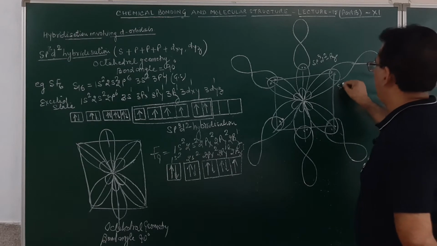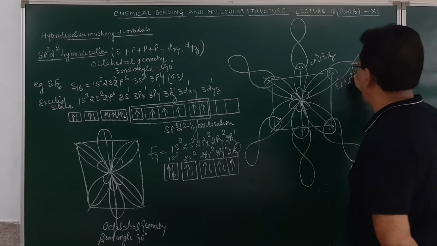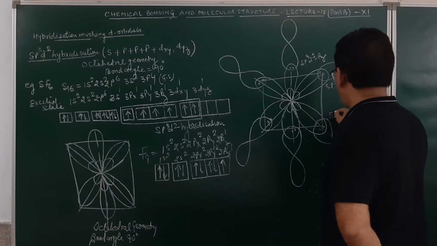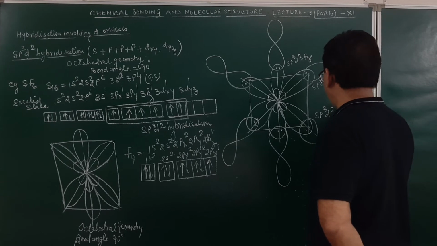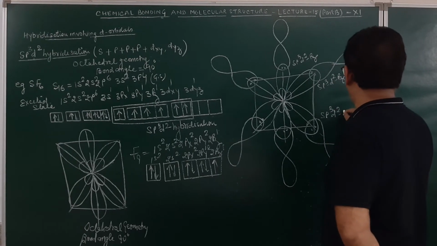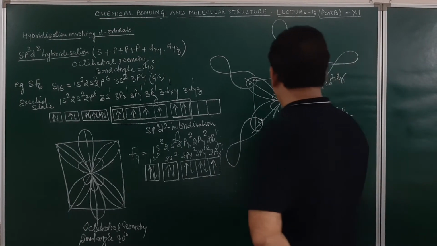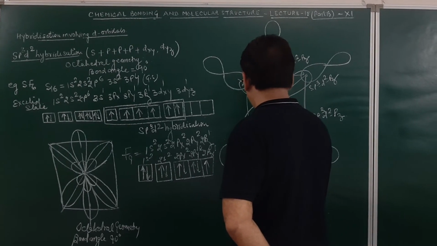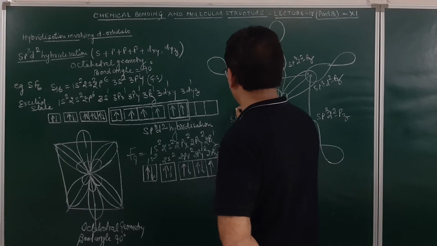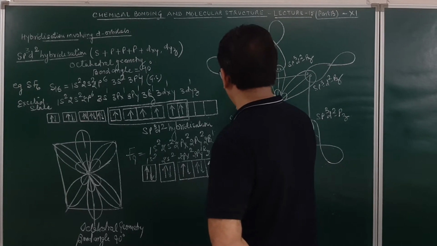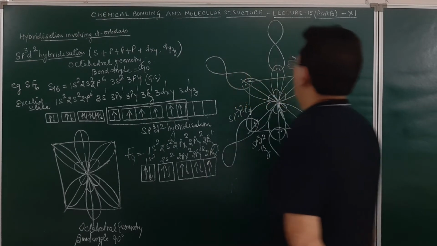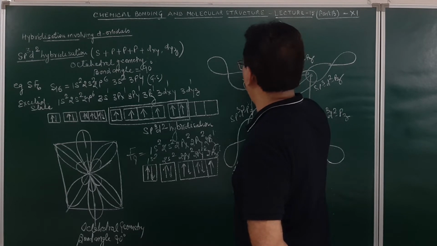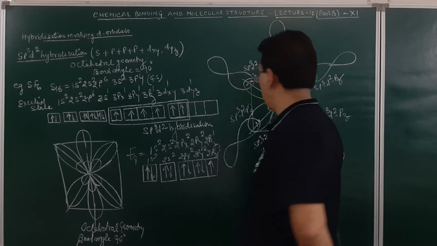This is sp3d2 and pz orbital. Here again sp3d2 and pz. Is it clear or not? Again sp3d2 and pz, sp3d2 and pz. Is it clear?